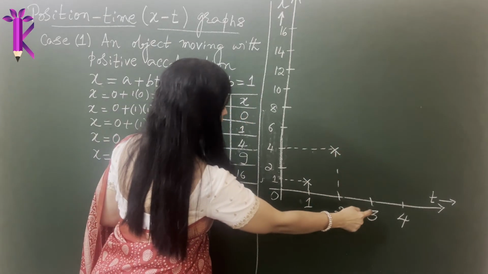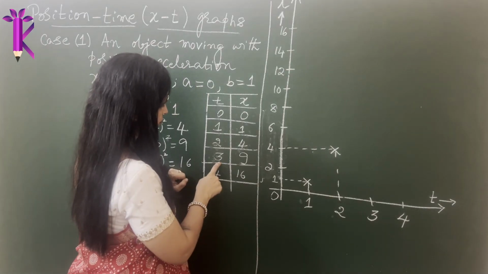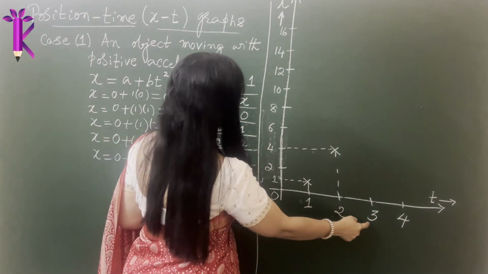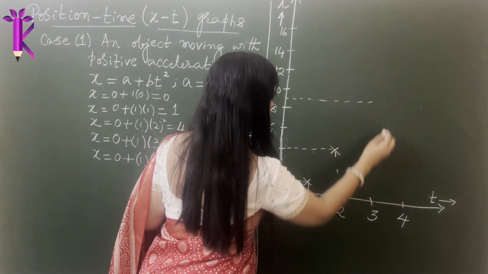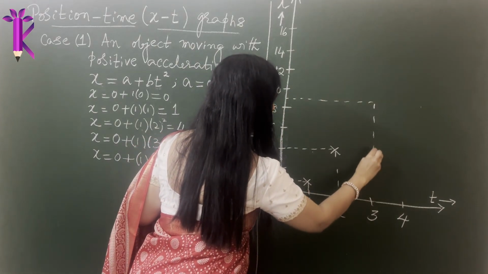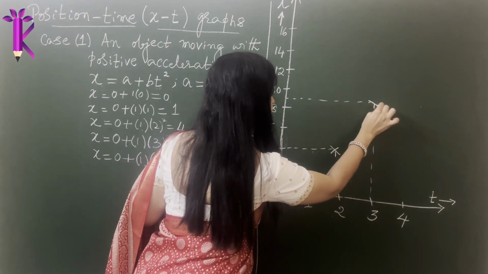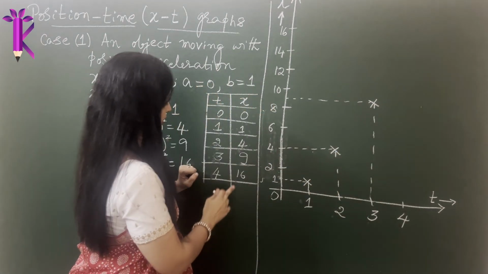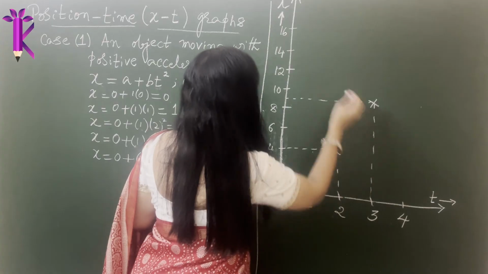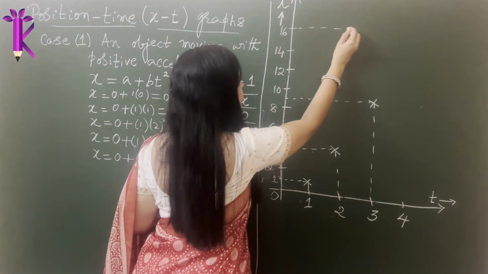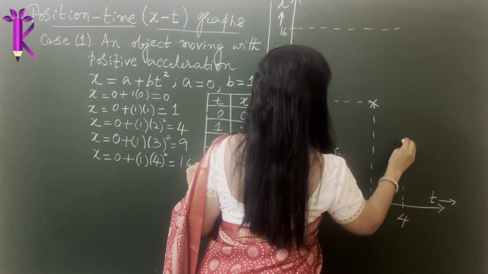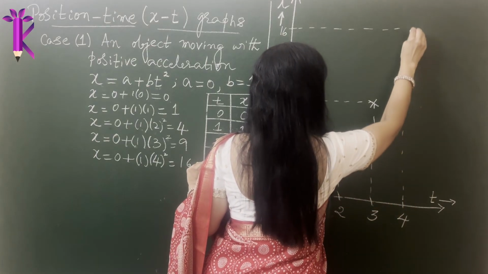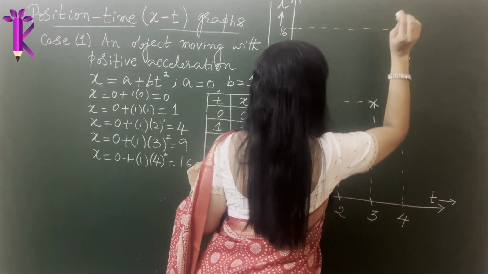And then you see 3, 9. So when it is 3, it has to be 9. Somewhere in the middle, you see it is 9. And when it is 4, you see it is about 16. Right? So this is 16.